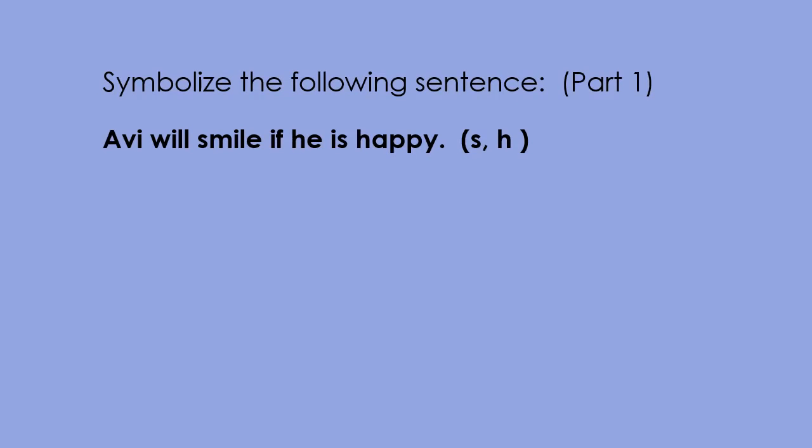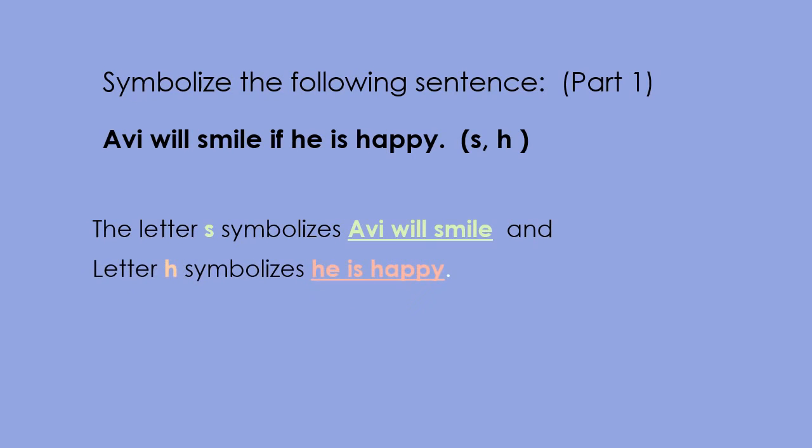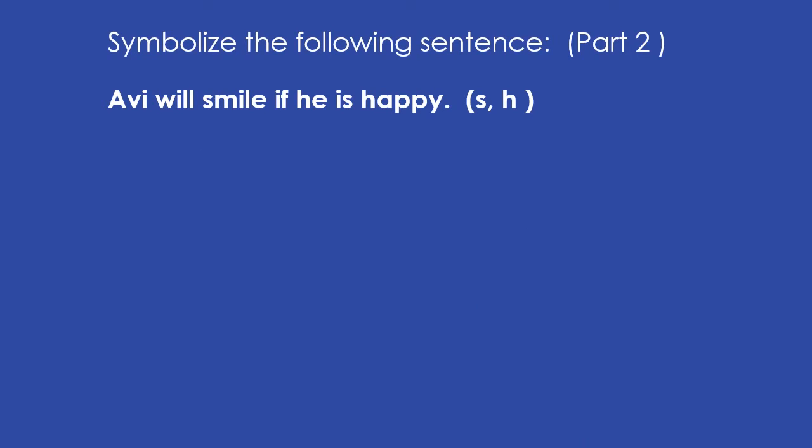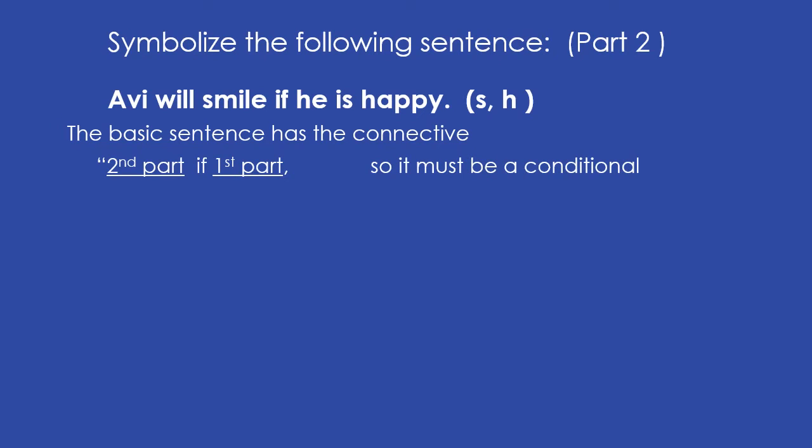All right, so now we want to consider this statement here. In this statement, we can use the S to represent smile. Avery will smile. And then we use the H to represent he is happy. So when we look at our sentence, it has a basic connective of second part, if, first part.